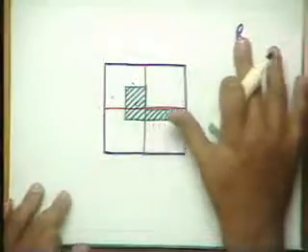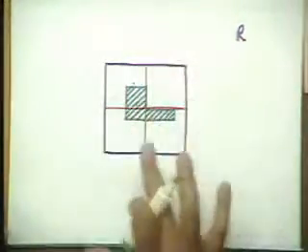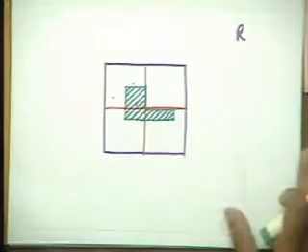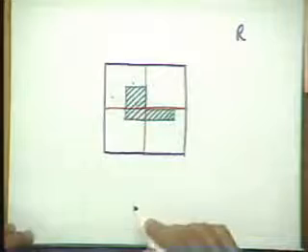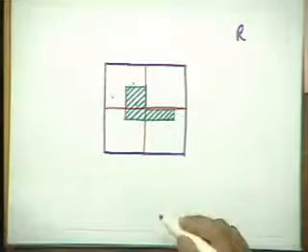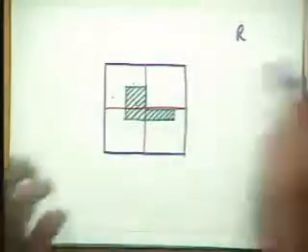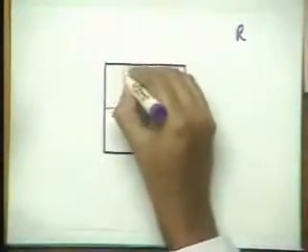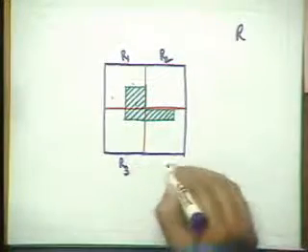But given this type of image, obviously P(R) is going to be false, because all the pixels within the region R will not fulfill the similarity property. So I split it up into 4 regions, and call those regions R1, R2, R3 and R4.